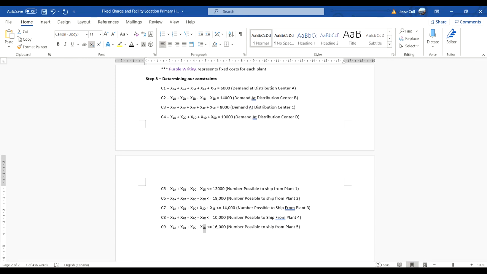If we have the prices and we know the fixed costs, then once we have that, we can look at what each center requires, what each plant manufactures, and we can solve this equation. But not yet. We have one more section, C10.